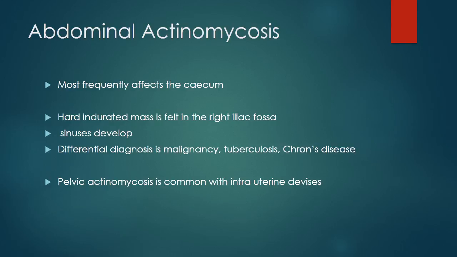Well, coming to the third form, the abdominal actinomycosis, most frequently it affects the cecum. So the cecum is nearer to the, it is on the right iliac fossa, and whenever we see right iliac fossa, we will remember the appendix. And whenever this cecum gets affected with actinomycosis, how will they present?